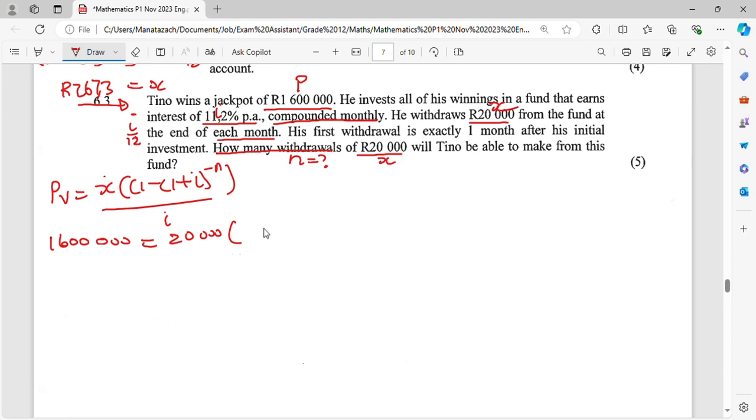Open the brackets. So opening the bracket, you'll have 1 minus 1 plus the i, which is 11.2%, so we can convert it to 0.112, dividing it by 12 since we're compounding monthly. Then to the exponent minus n, which is the only unknown we need to work out, then close bracket, divided by 0.112, divided by 12.